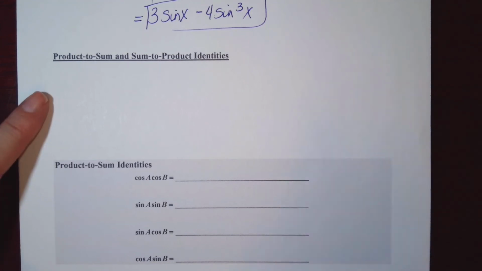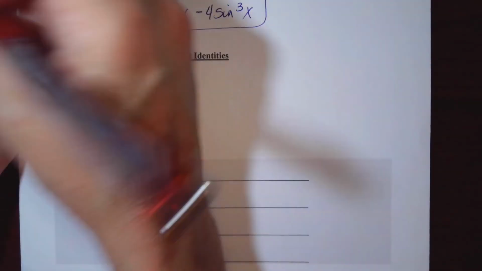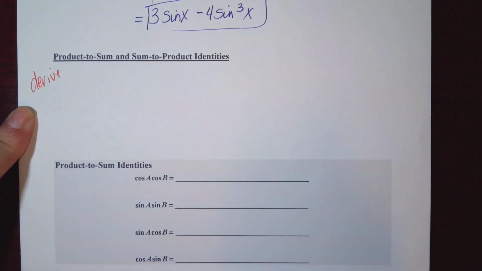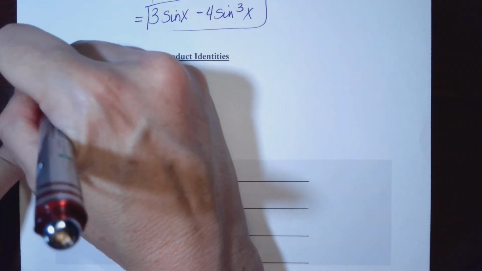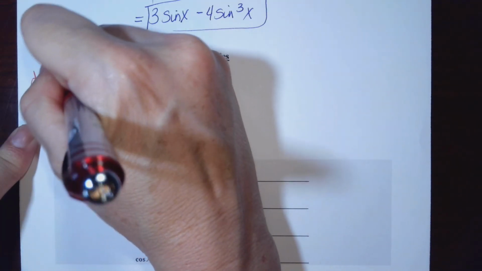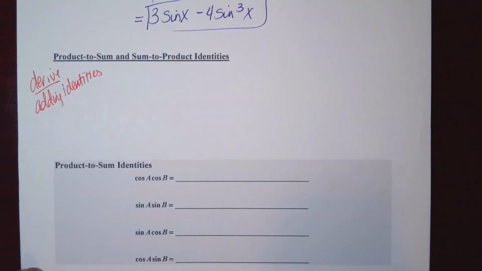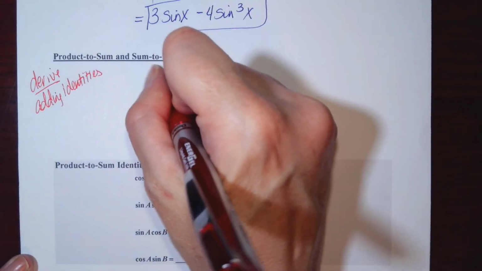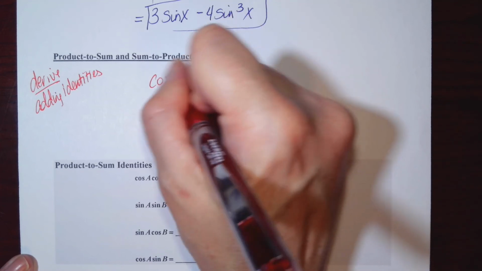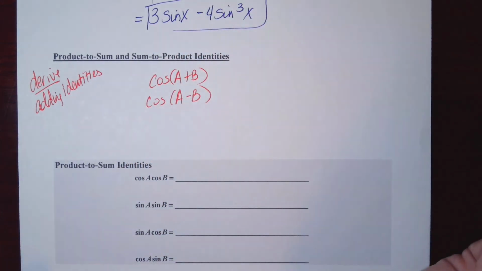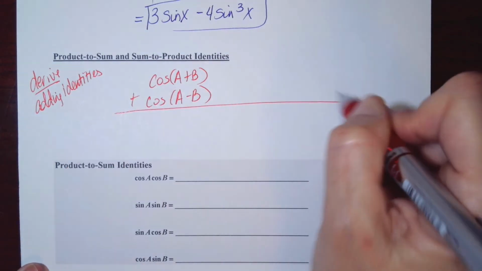So let's derive one of them. We're going to do it by adding identities together. If I add cosine sum to cosine difference, we're going to add those two together.